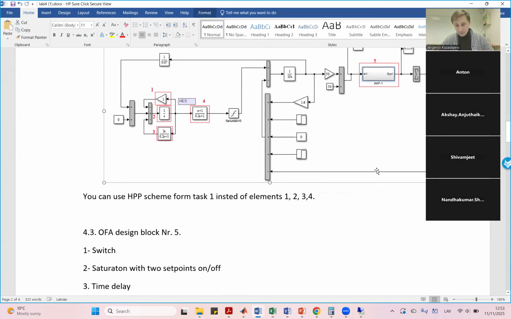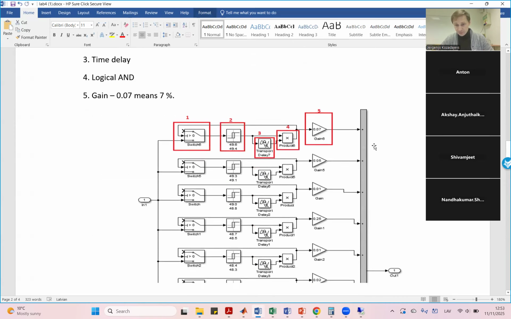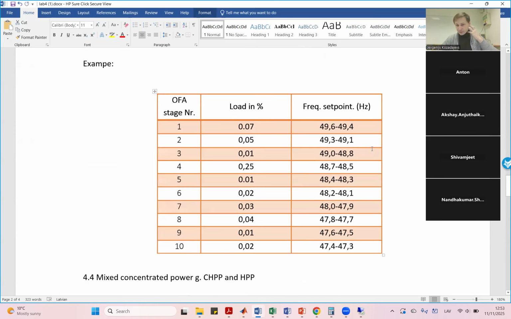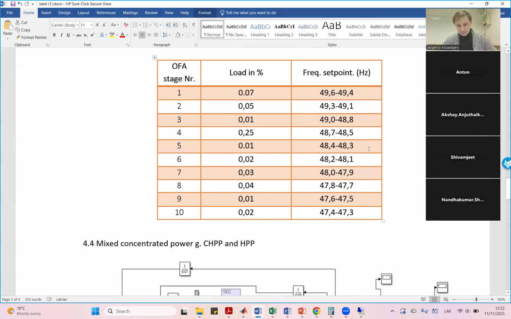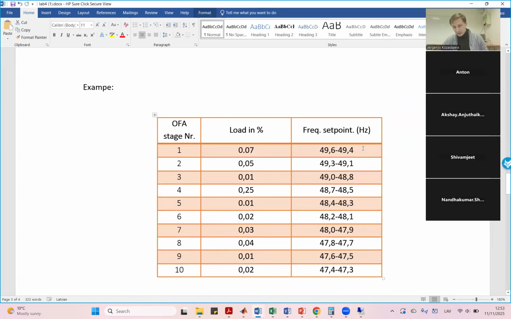Okay, now about this under frequency automation, how we design this block. Typically very simple. As you remember, I described to you and we saw in the book that the idea is we have different stages with different set points. Typically, in a simplified way, we have two set points.